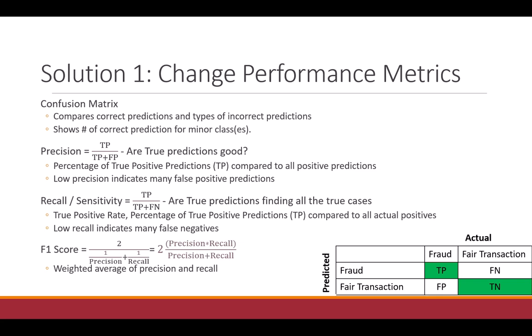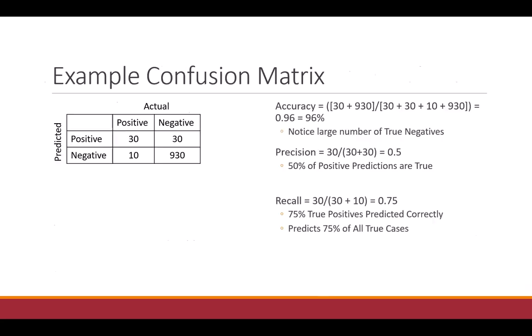So the idea for precision is more, when we're predicting something, are we getting actual good predictions of a true case? Whereas recall is basically saying, are we capturing those cases that are actually important? The F1 score tries to look at a balance between the precision and recall, as we'll see, and these values are represented here, but it probably makes more sense if we look at a sample.